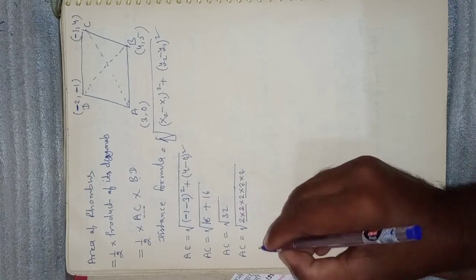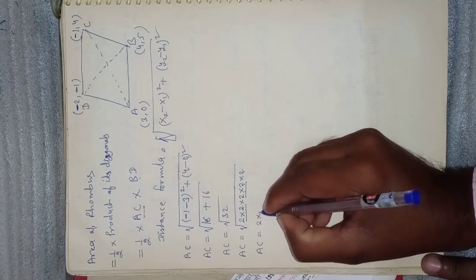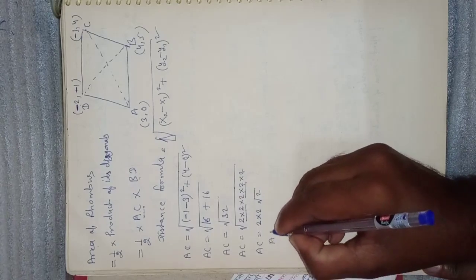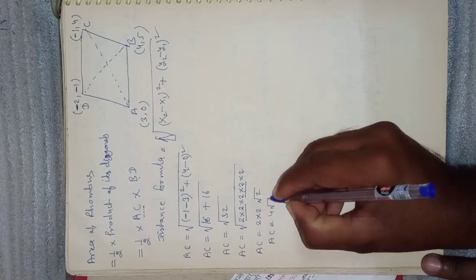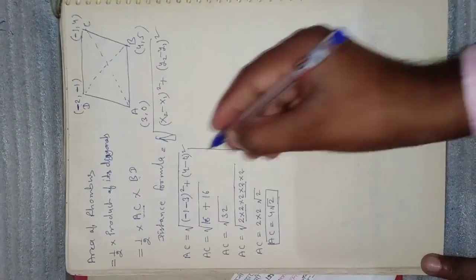Make a pair, so AC is 2 and 2 into 2 and root 2. AC is 4 root 2, the distance between A and C.